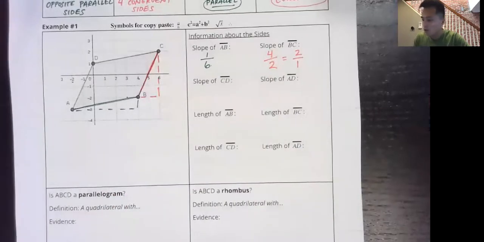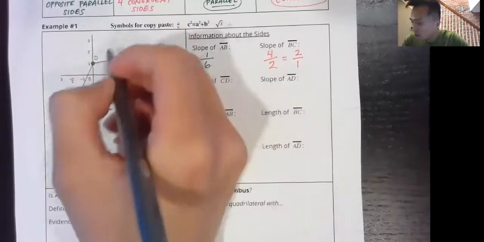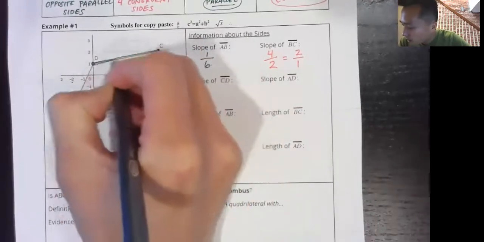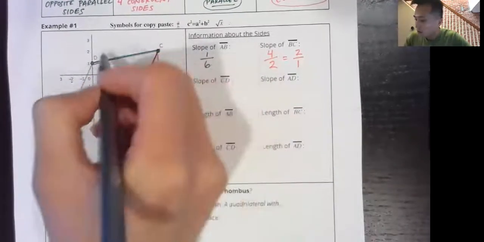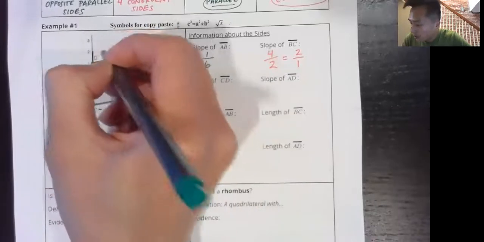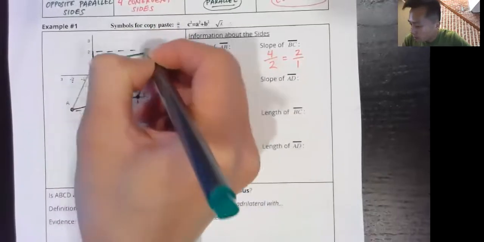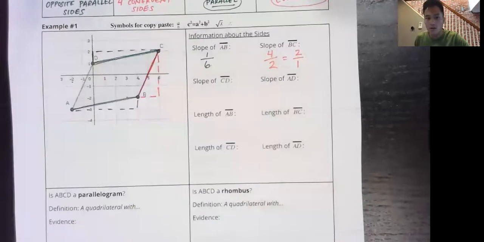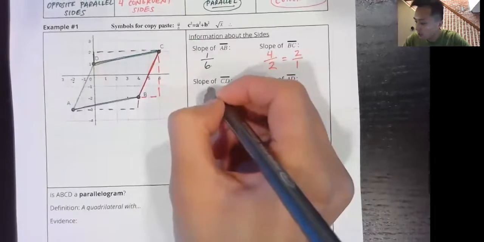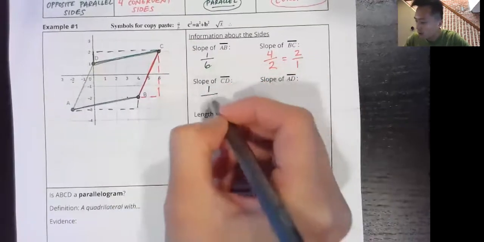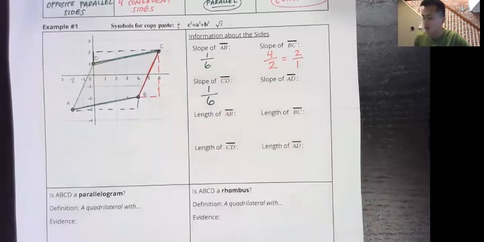Next is the slope of CD. That's this line here. Going from left to right, we're going up 1 and across 1, 2, 3, 4, 5, 6 units. So rise of 1, a run of 6. Next, the slope of AD.